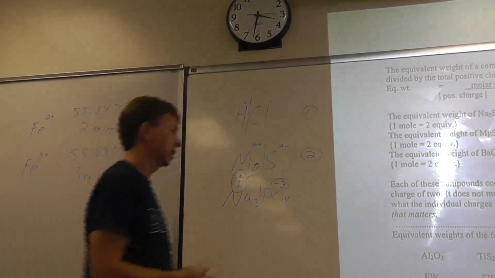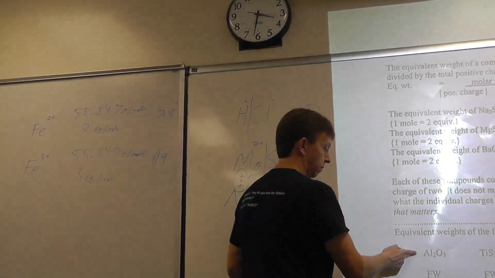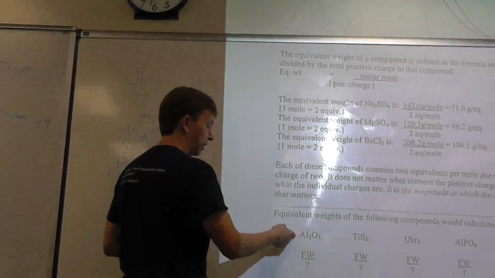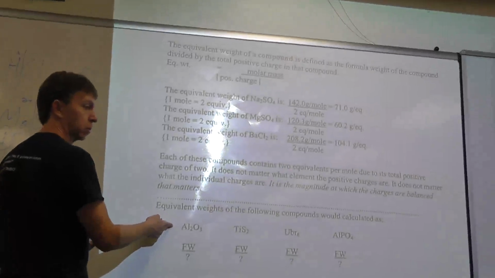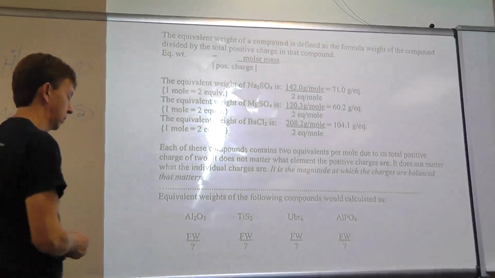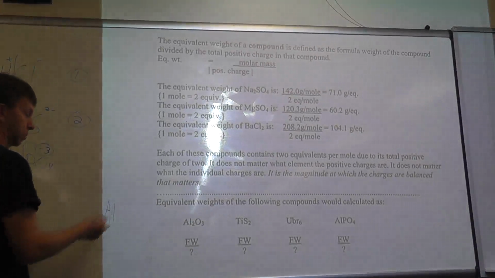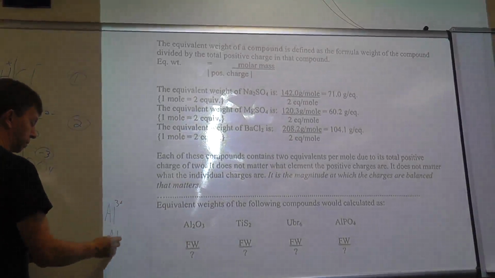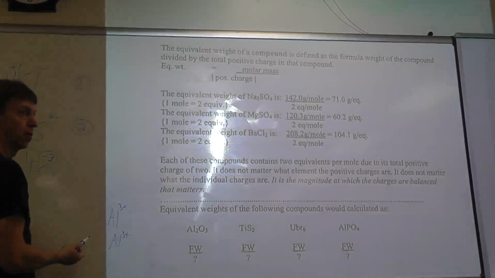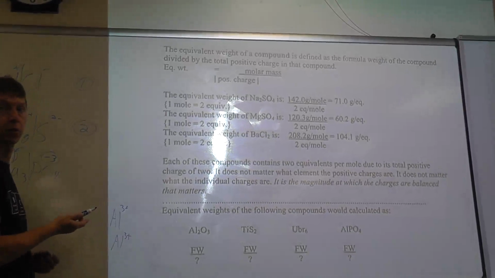For aluminum oxide, formula weight or molar mass, we're going to divide that by what number? Well, it depends. What's aluminum's charge? And you've got 2 of them. So 6.